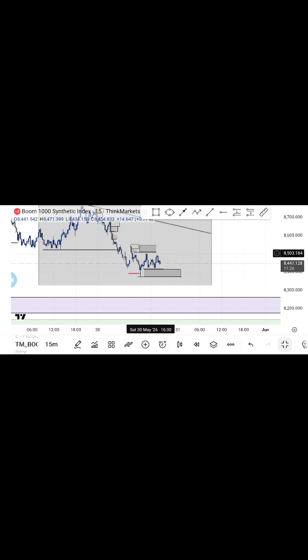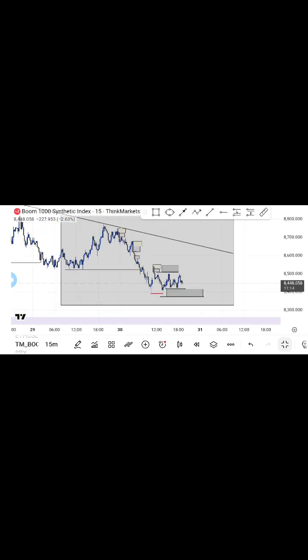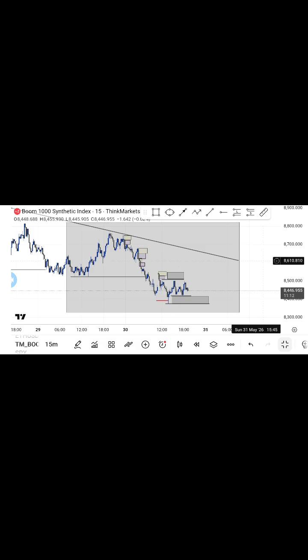Or if our low liquidity area is liquidated out, then we can look for a short. This is just a game of probability, so we can't predict where the market is going. We don't know whether the market is going to respect our order block, our imbalance, or respect our trend line.